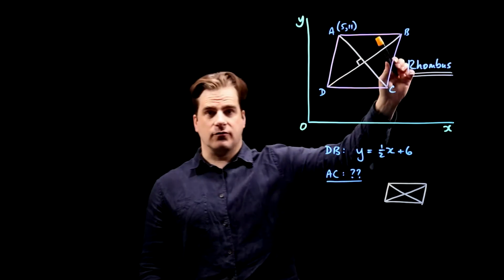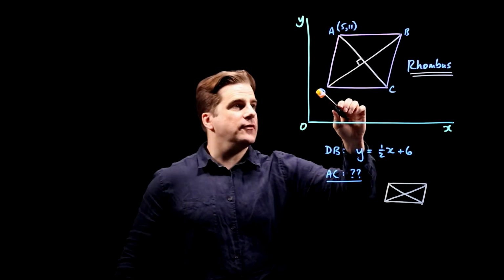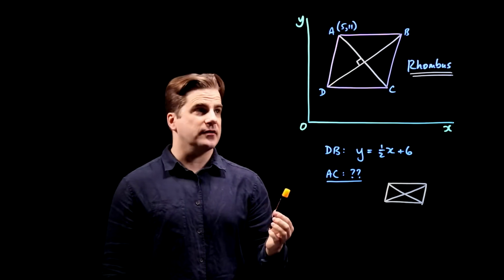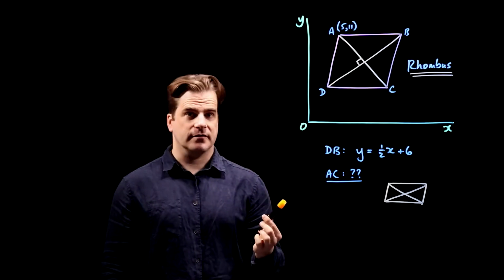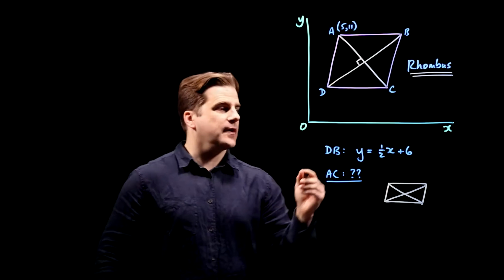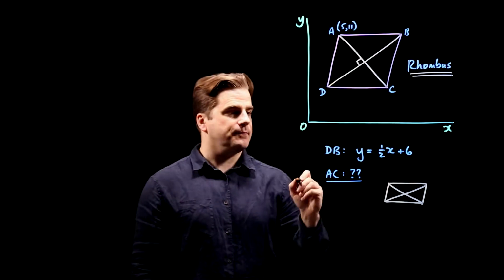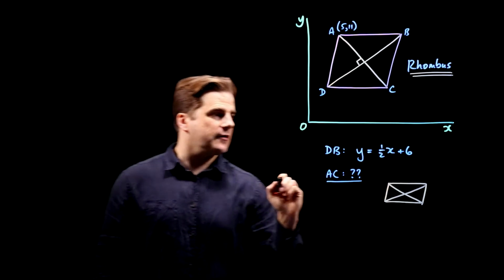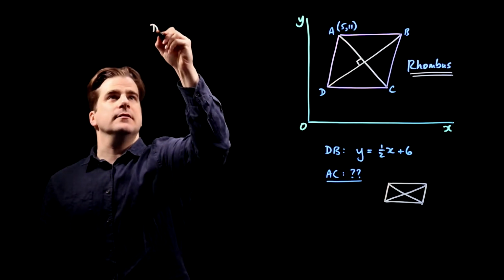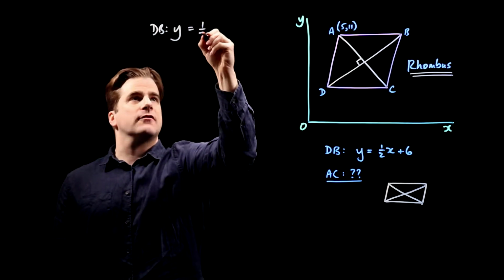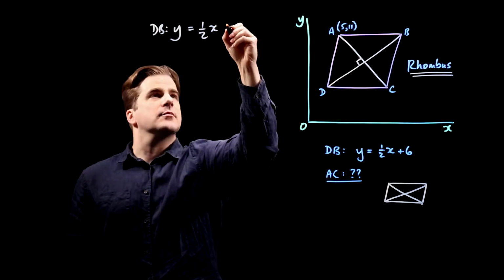And we're going to use that because when two lines cross at right angles, if you know the gradient of one, you immediately know the gradient of the other, because it's the negative inverse. We do know the gradient of DB because, look at this equation, y equals half x plus 6.